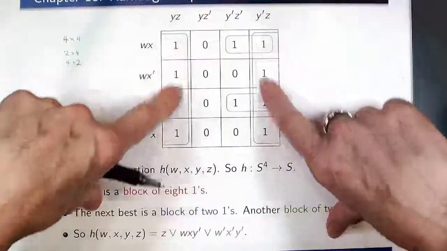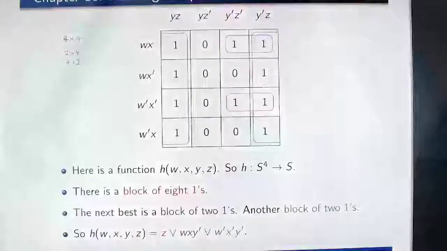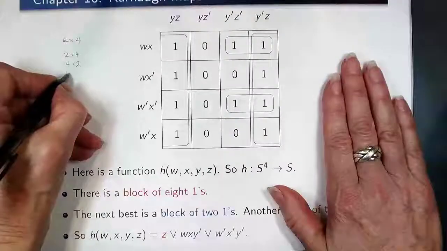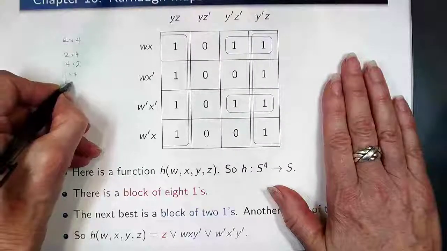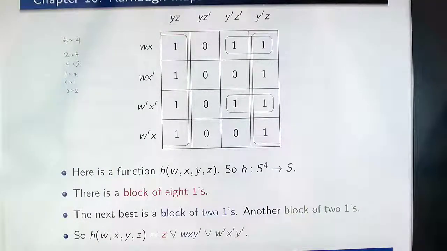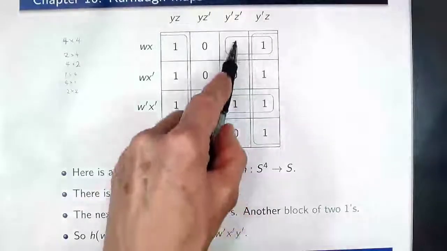Then we've still got these two ones not covered. So we'd look for blocks with 4 things in them, so it might be a 1x4, a 4x1, a 2x2, but there's no blocks of that form that could cover these two ones.